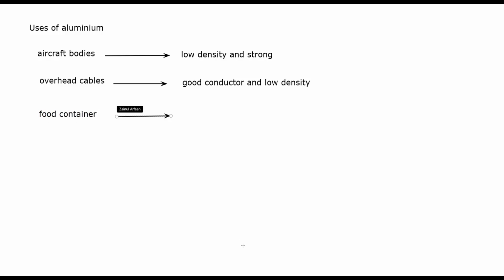Yeah, so it resists corrosion, anti-corrosion or resists corrosion, due to the oxide layer. So these are some uses of aluminium.